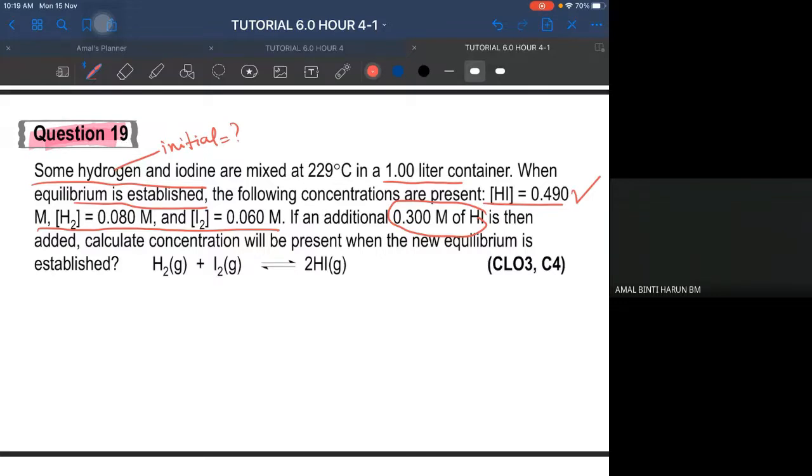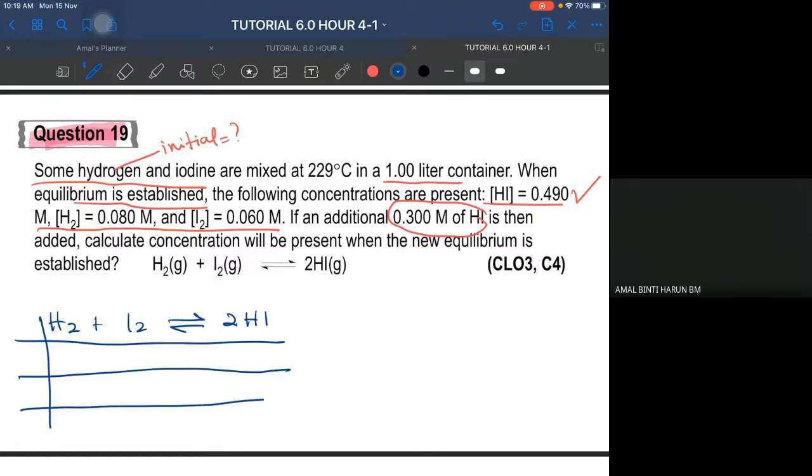Okay, macam ni. Kita buat unstable lah supaya nampak. We have H2 plus I2 producing 2HI. Initially, molarity, change molarity, equilibrium molarity.